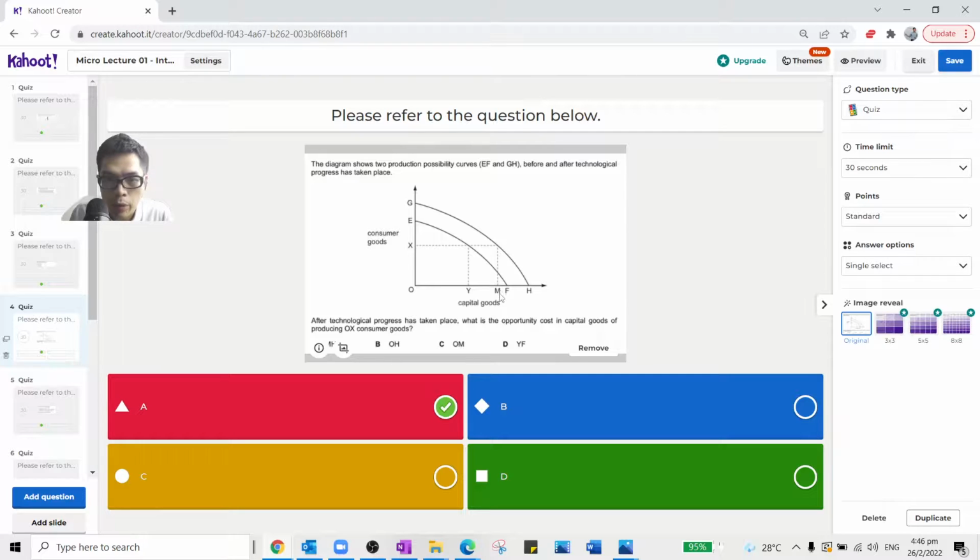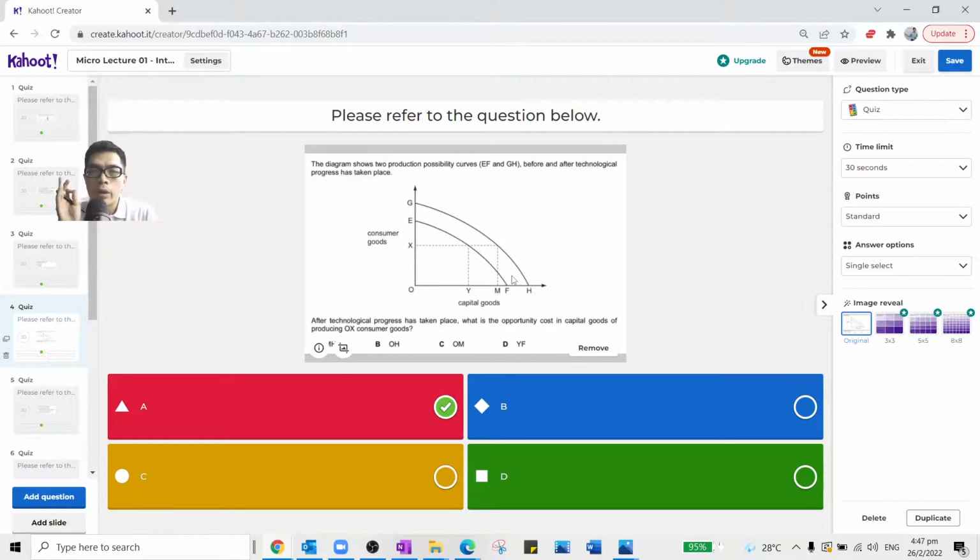So in order to produce OX amount of consumer good, what must we forsake? This is what the question is asking. For OX amount of good, you see OX is here, right? We just move it to the right side, OX.